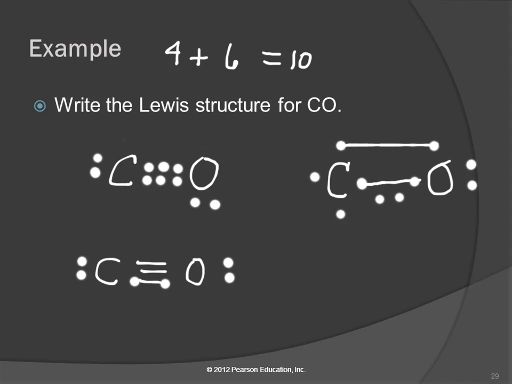We can just move those over. Now this becomes another bonding pair, and the carbon, these are not paired up, but that's kind of just a fluke of how we did it. But it's got 1, 2, 3, 4, 5, 6, 7, 8, and the oxygen also has 8.